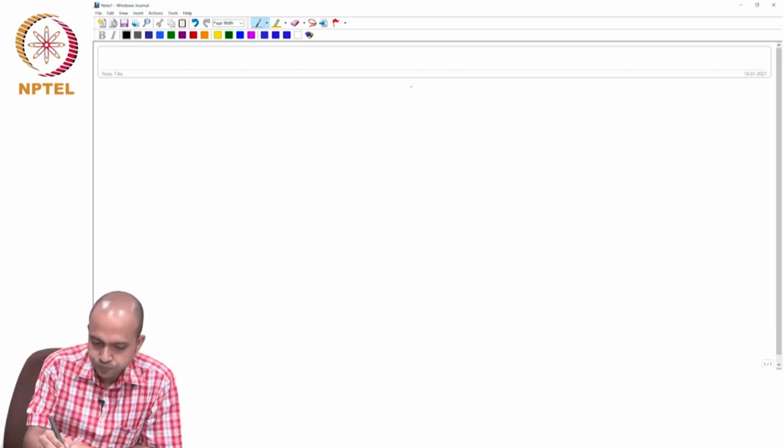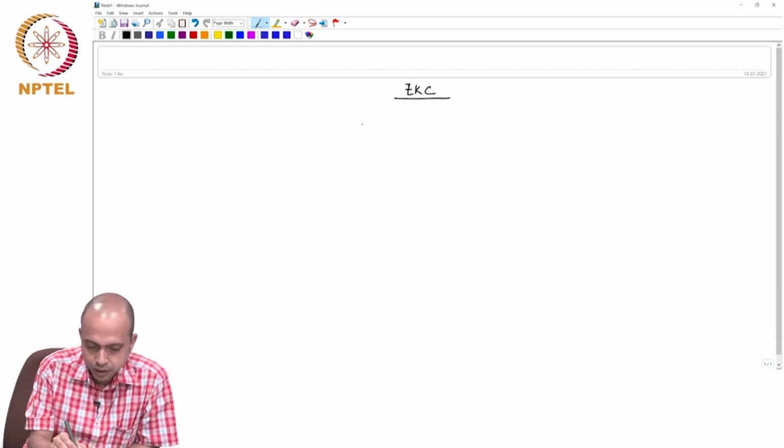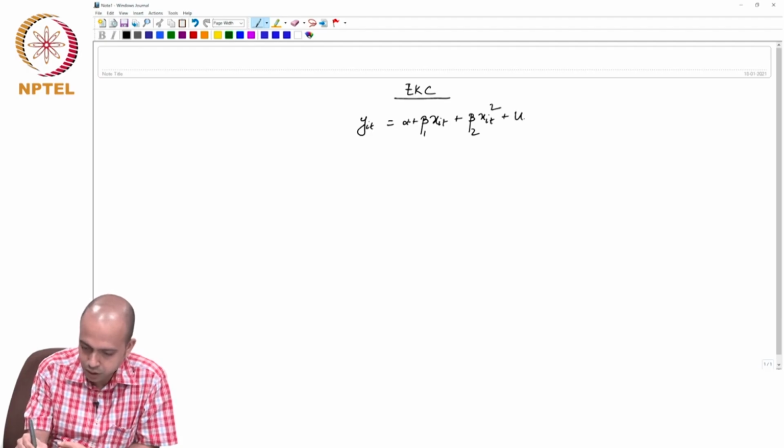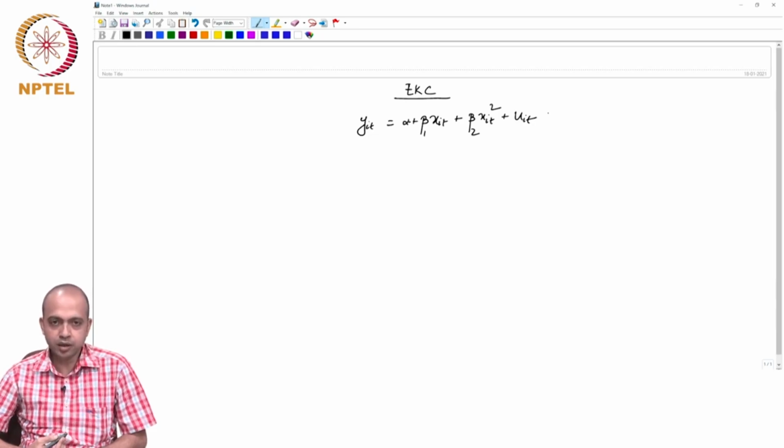The functional form is Y_it equals alpha plus beta 1 X_it plus beta 2 X_it square plus U_it, where Y_it is the environmental degradation, X_it is income of a country, and U_it is the error term which captures the impact of omitted variables on Y_it.